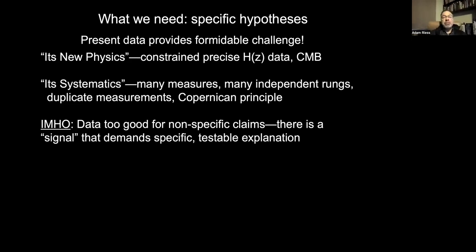The problem is there's so many independent measurements, independent rungs and duplicate measurements, that short of a catastrophic failure of the Copernican principle, I haven't heard of a hypothesis of a systematic or systematics that could actually explain this without a lot of conspiracies. So at this point, it's clear there's some kind of signal, and it really requires a specific and testable explanation, and also likely more data.